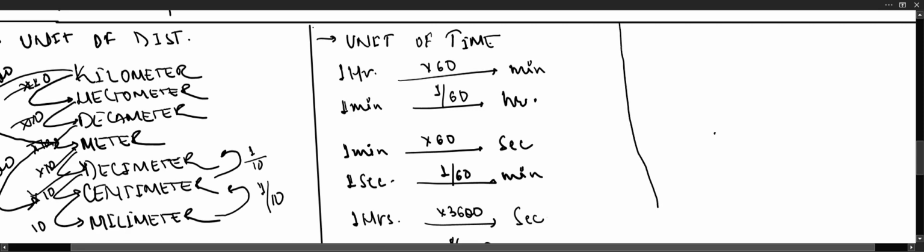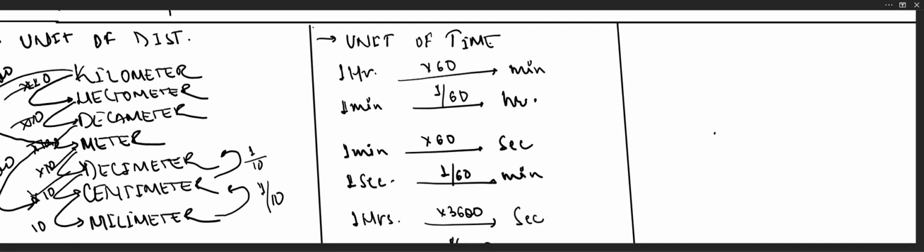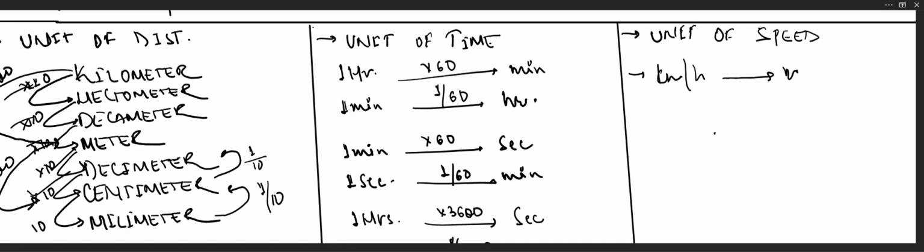Now we will see how the conversion of unit of speed takes place. We often get confused how to change kilometer per hour into meter per second.